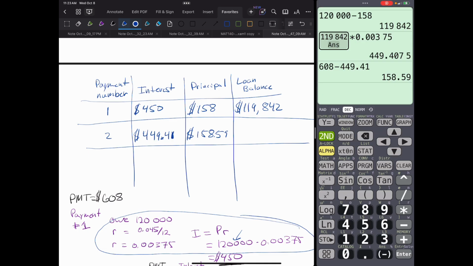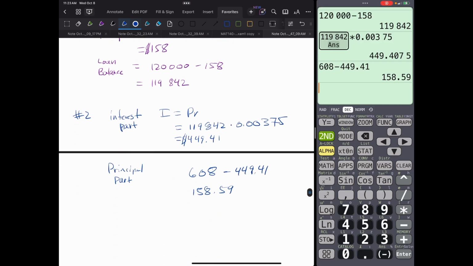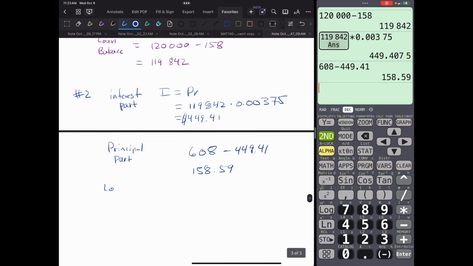Okay, so now the question is, what's my loan balance? It's certainly not 119,842. Something has been paid into the principal, and it's this 158.59 that then gets paid into this. And so at the end of the month, my loan balance is my 119,842 minus the 158.59.